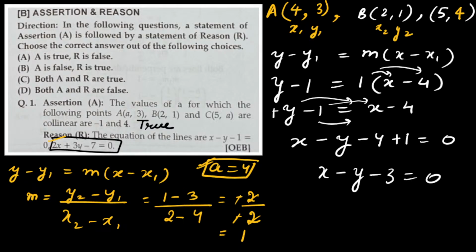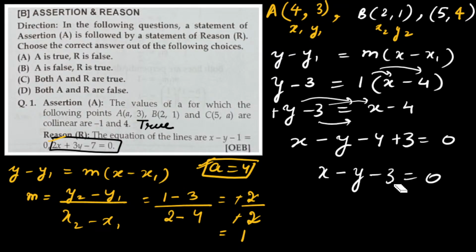Are you all getting the same equation? Y minus y1, here y1 is 3. I wrote a different value, here it should be 3. So y minus 3, and when shifting 3 to the other side it becomes plus 3.